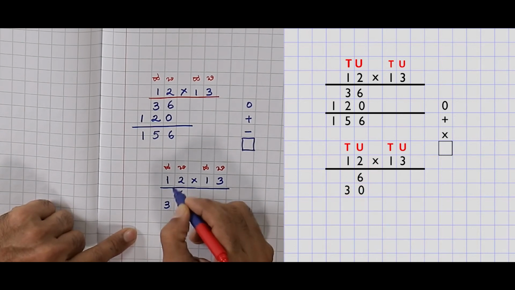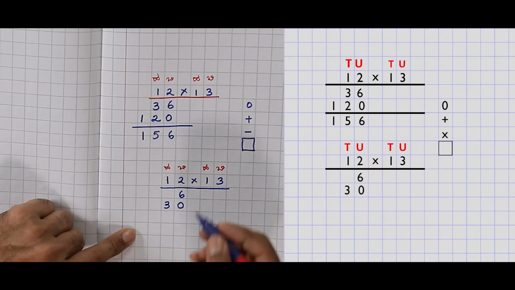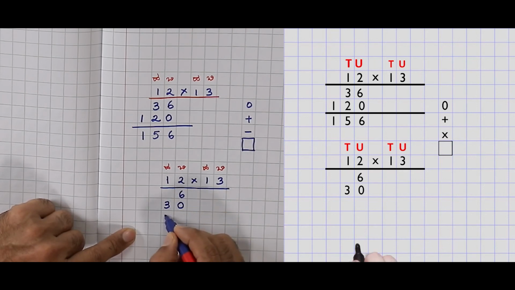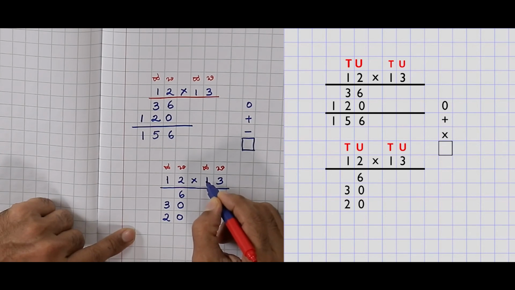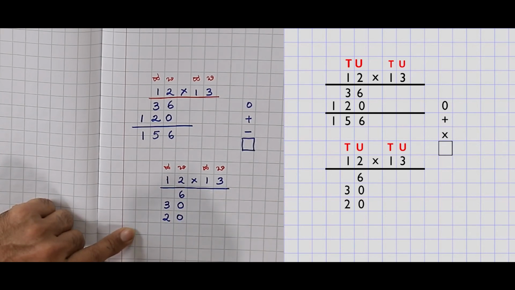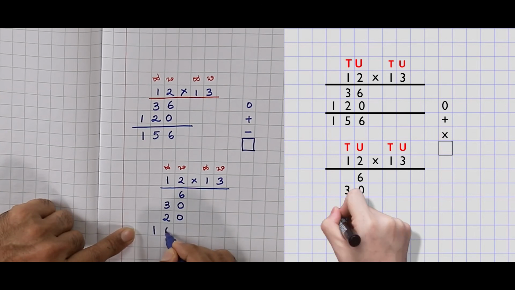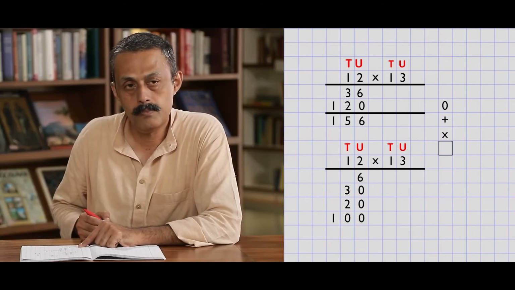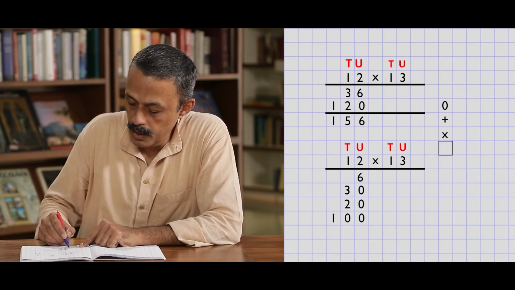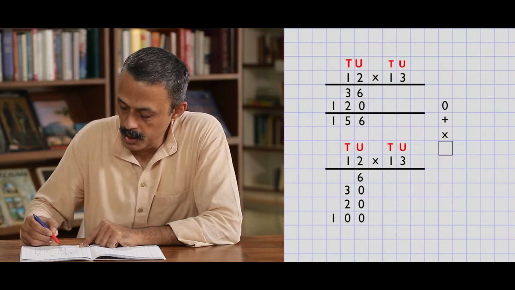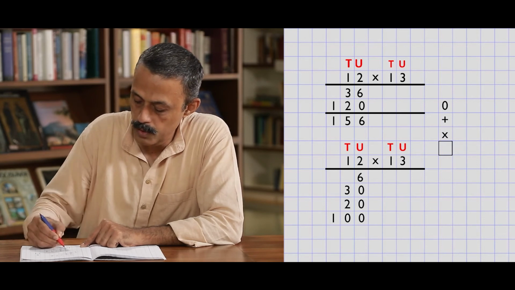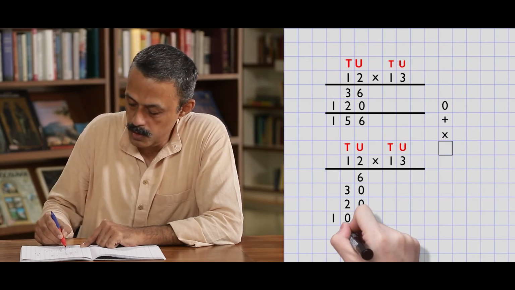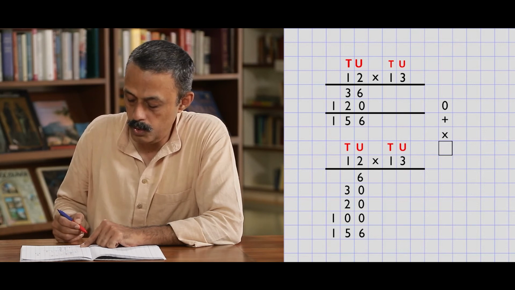See, when I multiply each number, I will write it down here. 10 twos are 20. This is 10th position. It is not 1. This is 10. So 10 twos are 20. 10 tens are 100. Now, let us see what is the answer. 0 plus 6 is 6. 3 plus 2 is 5. 1.